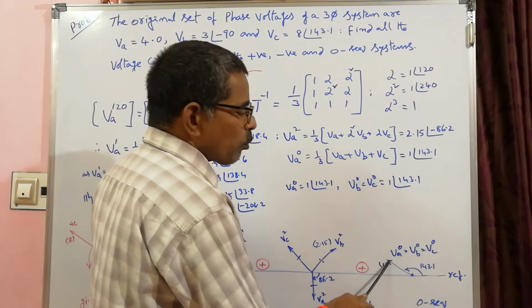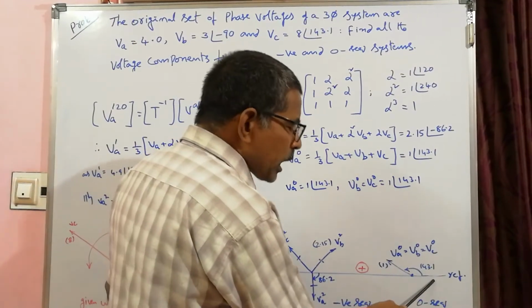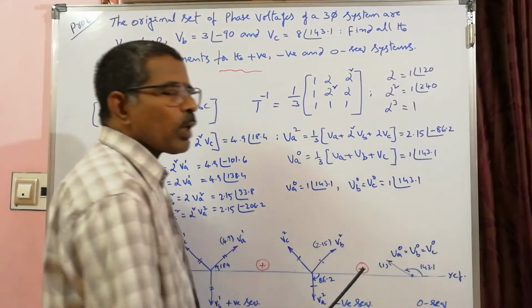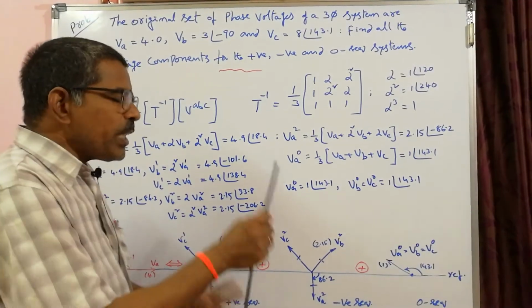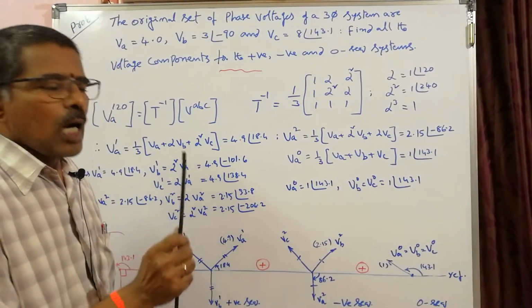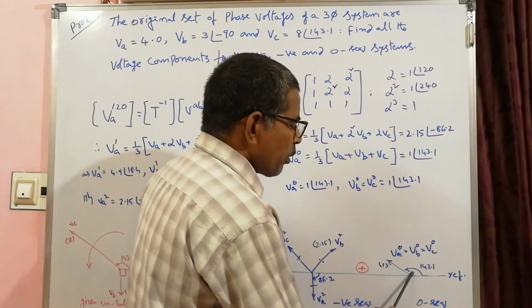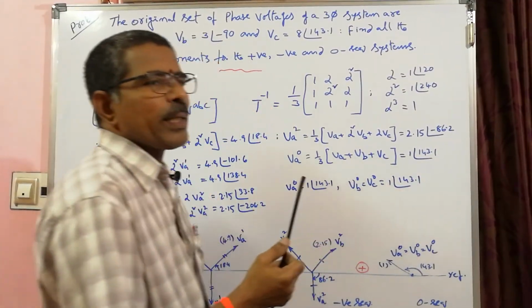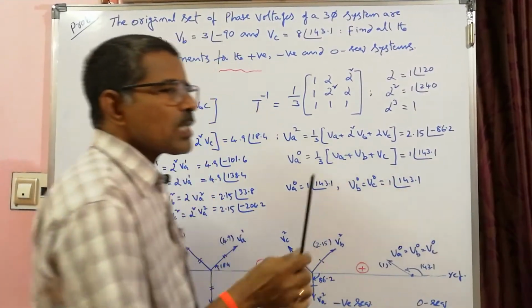Each is of magnitude 1, with respect to the reference 143.1, but between them there is no angular difference. So these are all zero sequence components.